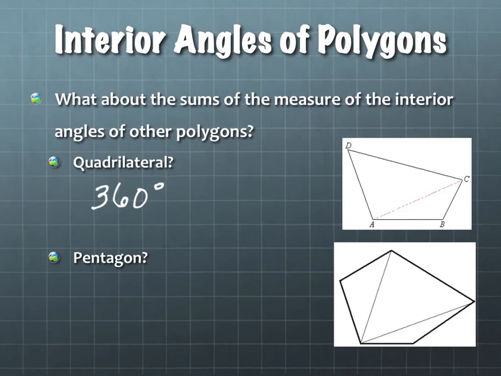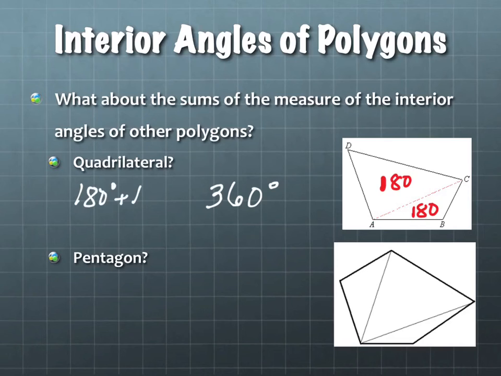And if I know that each triangle has 180 degrees, what do you get when you add 180 and 180 together? You get 360. So another justification, aside from proof by tearing a piece of paper, is we could split our image into triangles.